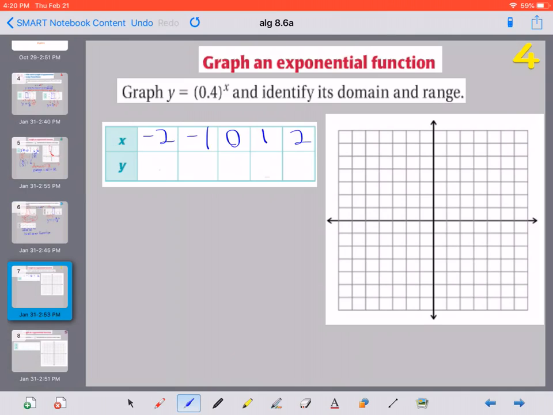If I do 0.4 to the 0 power, we get 1. 0.4 to the 1 power, 0.4. 0.4 squared is 0.16. 0.4 to the -1 power gives us 2.5.